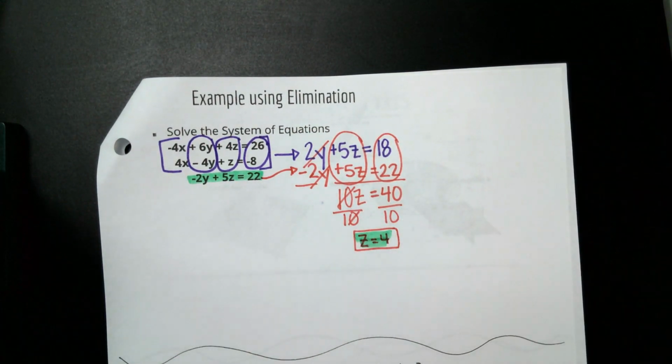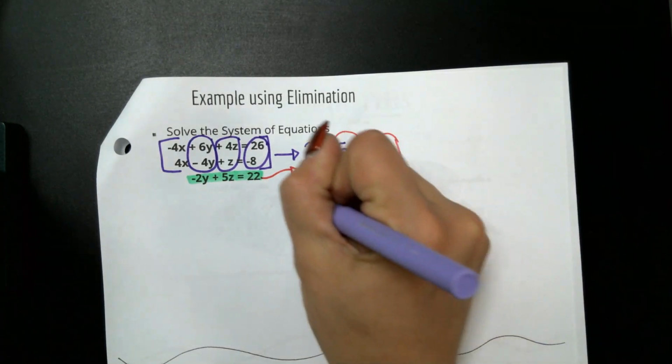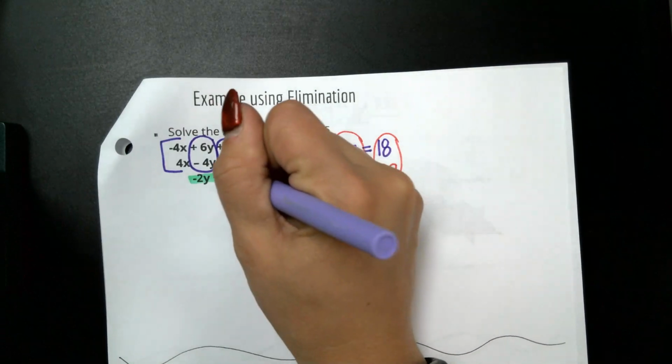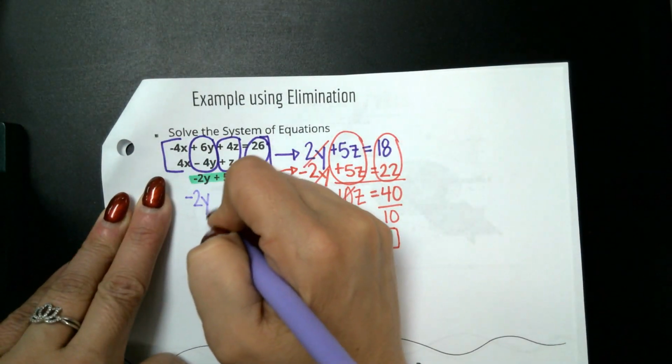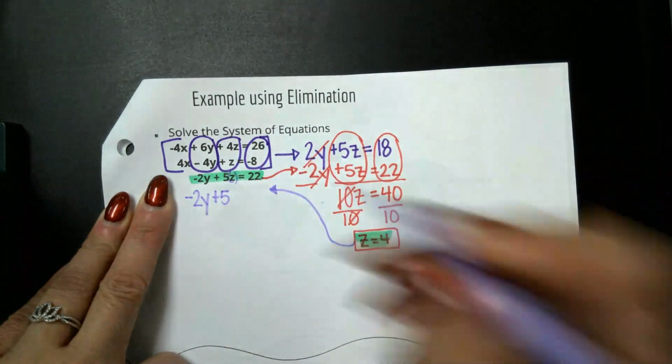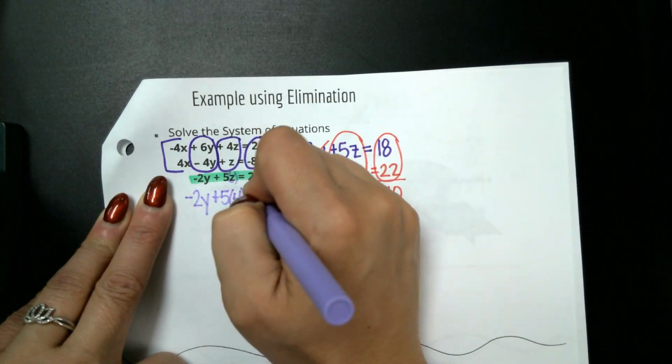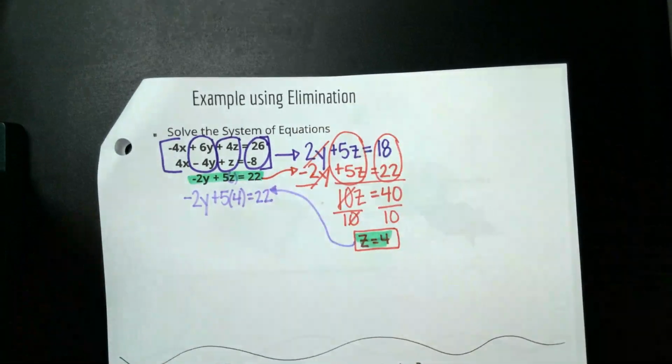So can't we plug that in and find y? Yeah. Let's do it. So we're going to plug this in right where that z is. You'd have negative 2y plus 5, and then insert that 4 next to the 5.